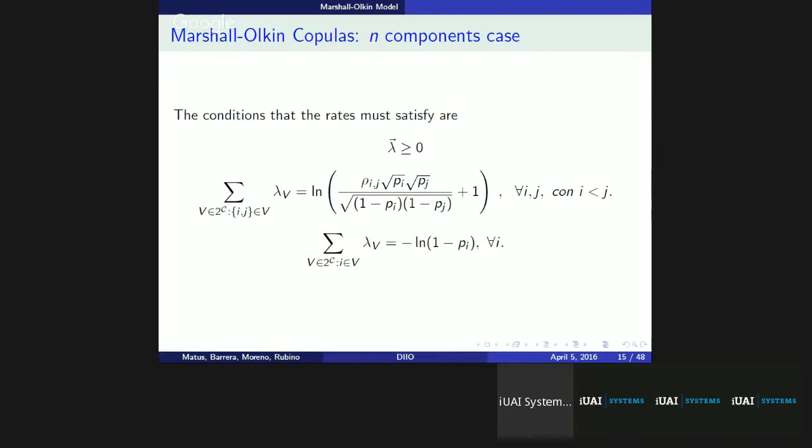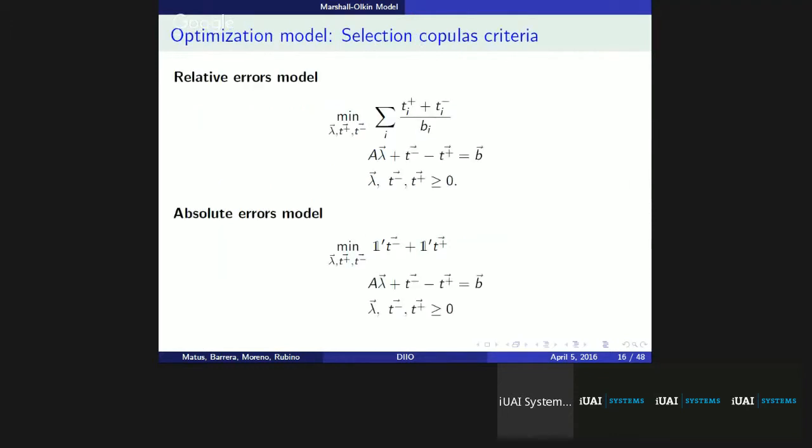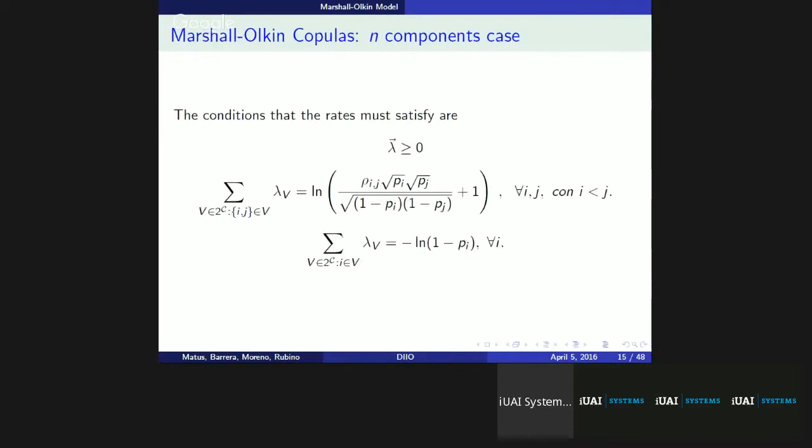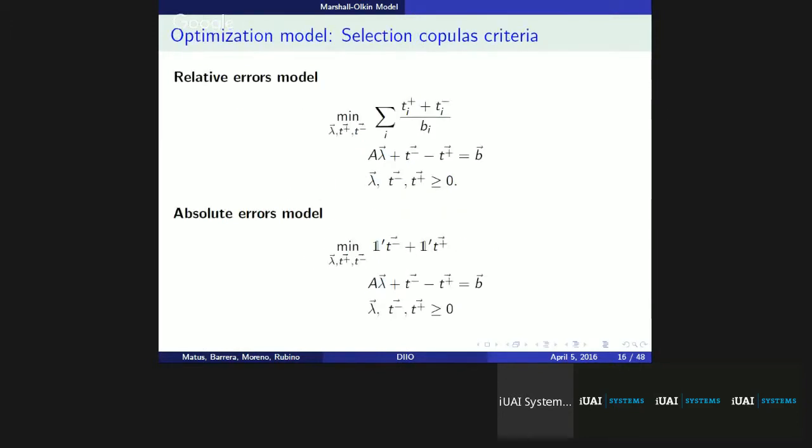Yes, and I can solve this problem using a model like that to minimize the relative error for each equation, or to minimize the absolute error. In the worst case, if the system has no solution, maybe the minimum is not 0, but I obtain a set of lambdas that represent the best possible equations.